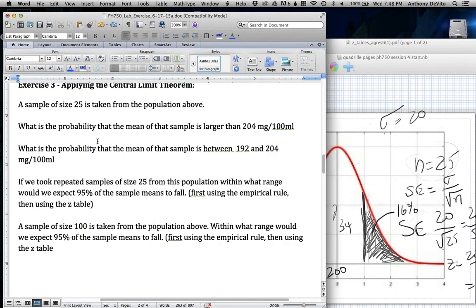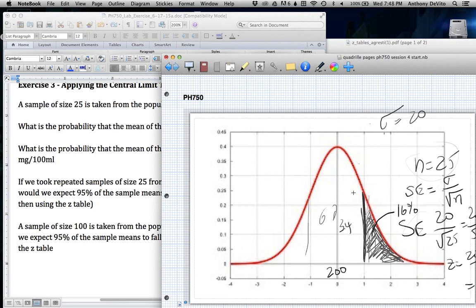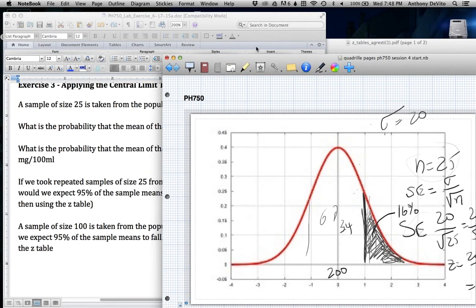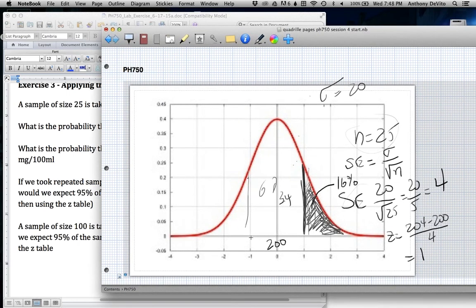Okay, what's the probability that the sample mean is between 192 and 204? Well, 192 is going to be one standard deviation. Oh, I'm sorry, I'm wrong. 192 is actually going to be down here. 192 is two standard deviations to the left of the mean.